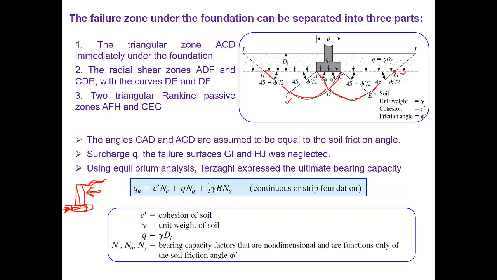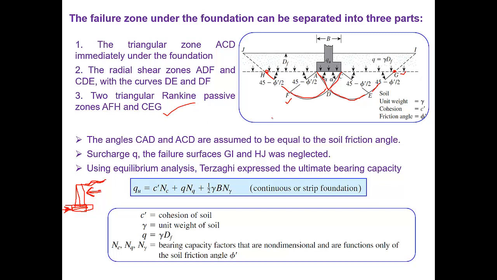Here the curve is DF and here the curve is DE, but this is extended up to point G, and this failure line is also extended up to point H. This extended portion we consider the Rankine passive force.